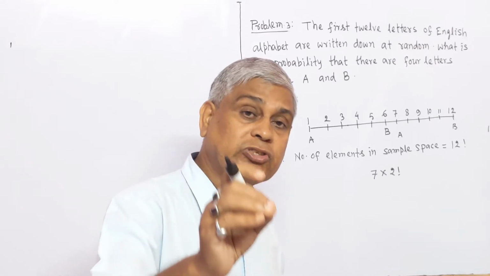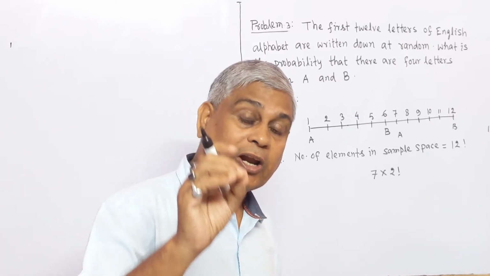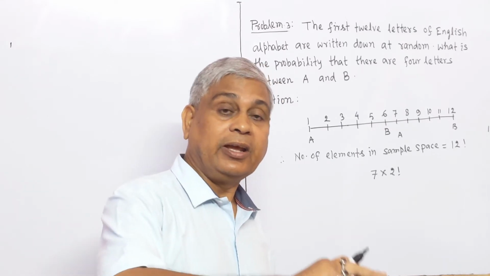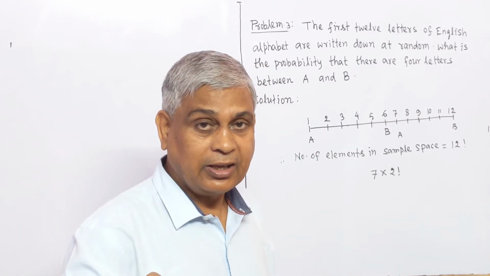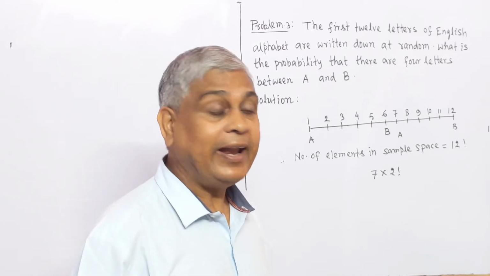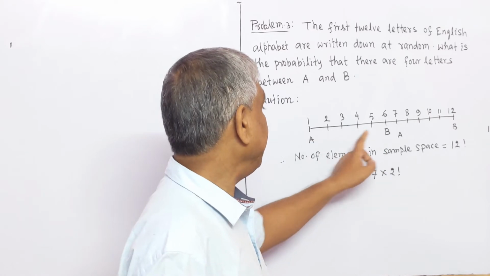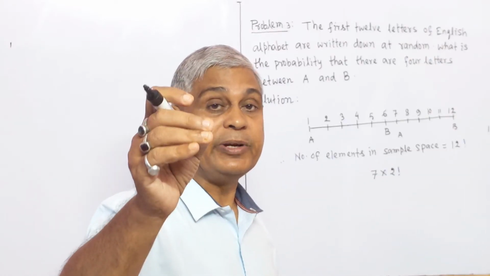Again, we have to select 4 letters to write between A and B out of 10 remaining letters. Here we have already taken letters A and B, remaining number of letters be 10.